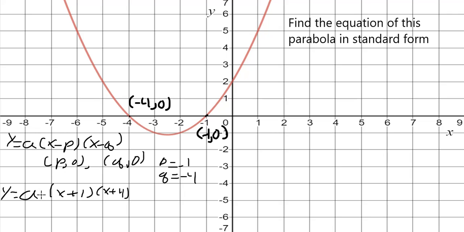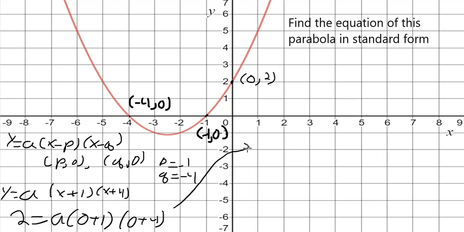To find a, I'm going to use algebra. I could try and see how y changes when I move over 1, but it's a little bit hard because my vertex isn't clearly defined. So I'm going to use the vertical intercept, which is 0, 2. I'm going to plug this into my equation, so y equals 2 and x equals 0, so 2 equals a times 0 plus 1 times 0 plus 4.